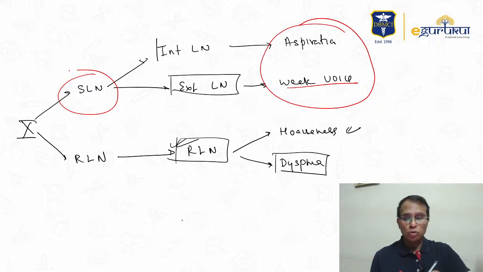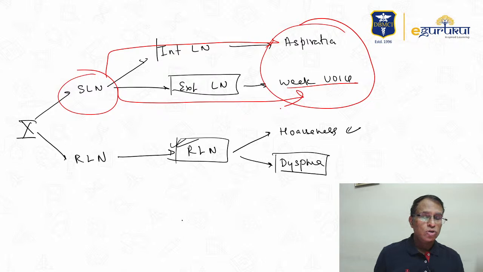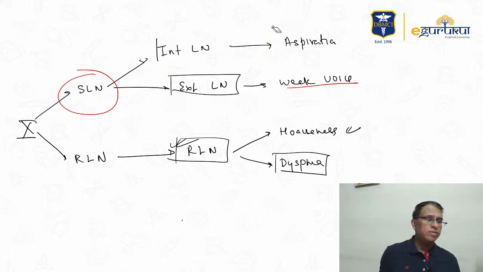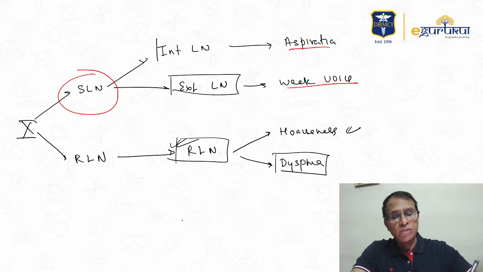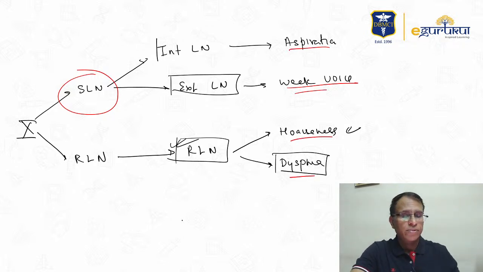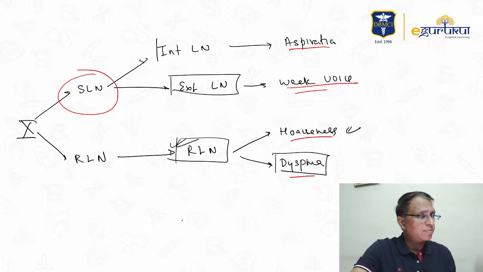Through this it causes aspiration, through this it causes weakness. So depending on what combination of symptoms are given in the choices in the question, based on that you can pick up. So if you remember this particular flow chart, depending on which of the 4 symptoms are given, you can pick the correct nerve in that case. So this is what I teach in the lecture in detail properly, so you get to understand. When you go step by step, it becomes easy to understand.